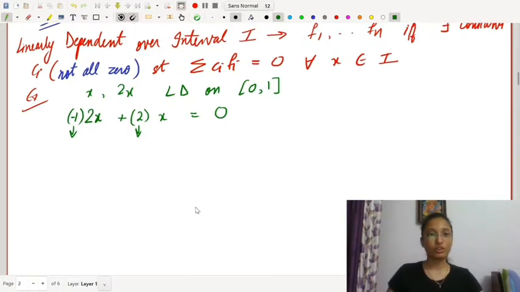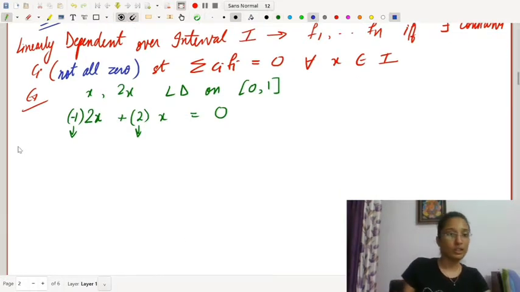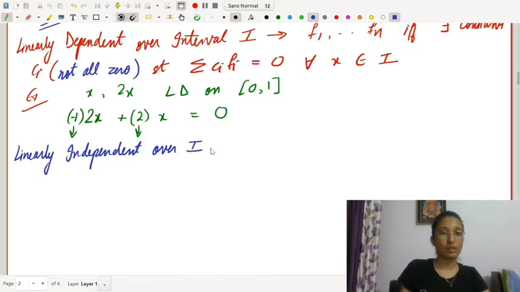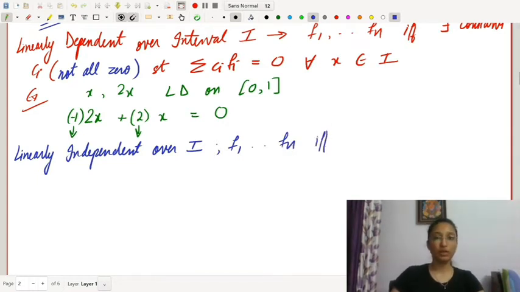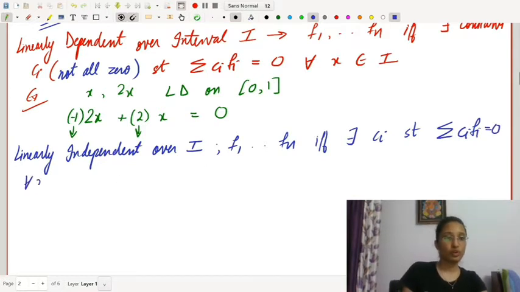Now, for the definition of linearly independent over an interval I, we say these functions f1 up to fn are linearly independent over I if and only if whenever there exist constants ci such that summation ci fi is equal to 0 for all x belonging to interval I, then ci is equal to 0 for all i.